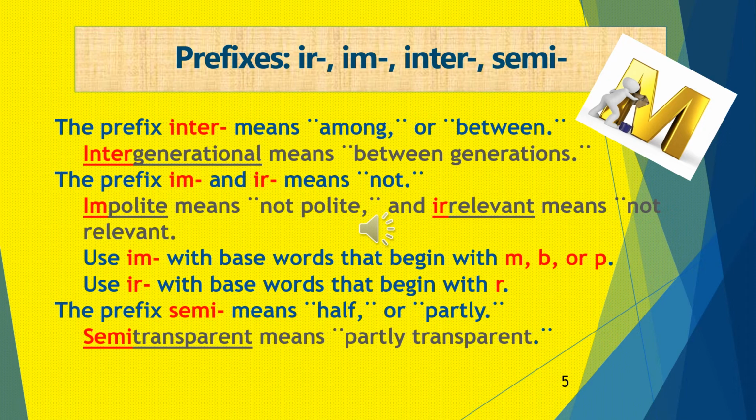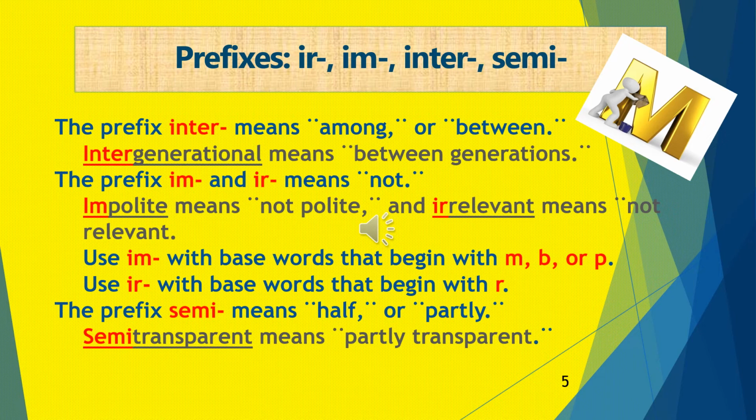Okay, the next prefix is the prefix semi. Semi means half or partially. Semi-transparent means partially transparent. Semi means half or partly.